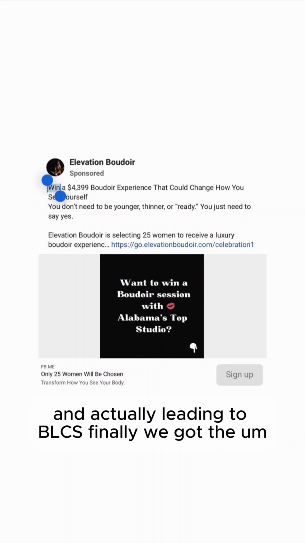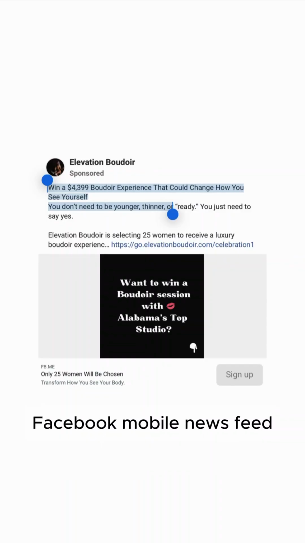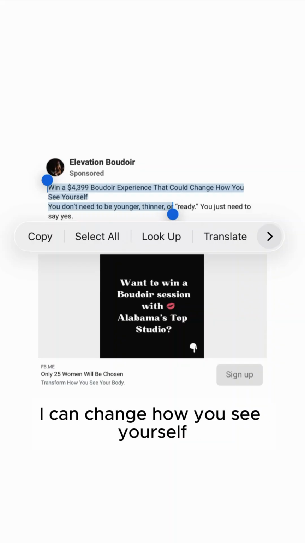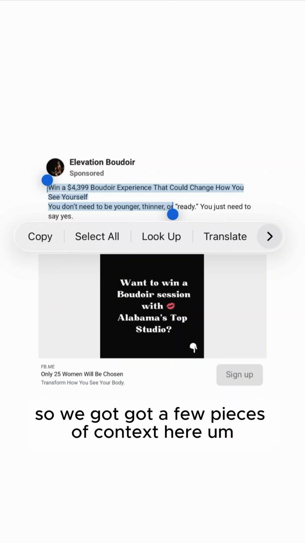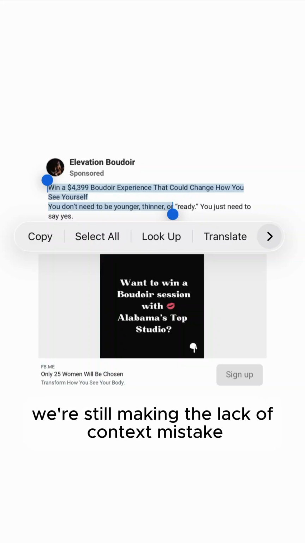Finally, we got the see more headline, first 2 3/4 lines, Facebook mobile news feed. "Win a $43.99 Boudoir experience. It could change how you see yourself. You don't need to be young or thinner." All right, so we got a few pieces of context here, but we're still making the lack of context mistake.